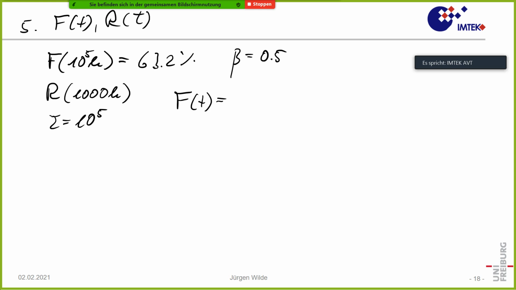F of t is 1 minus e to the power of minus (t divided by tau) to the power of beta, and that is 1 minus e to the power of minus (t divided by 10 to the power of 5) to the power of 0.5.